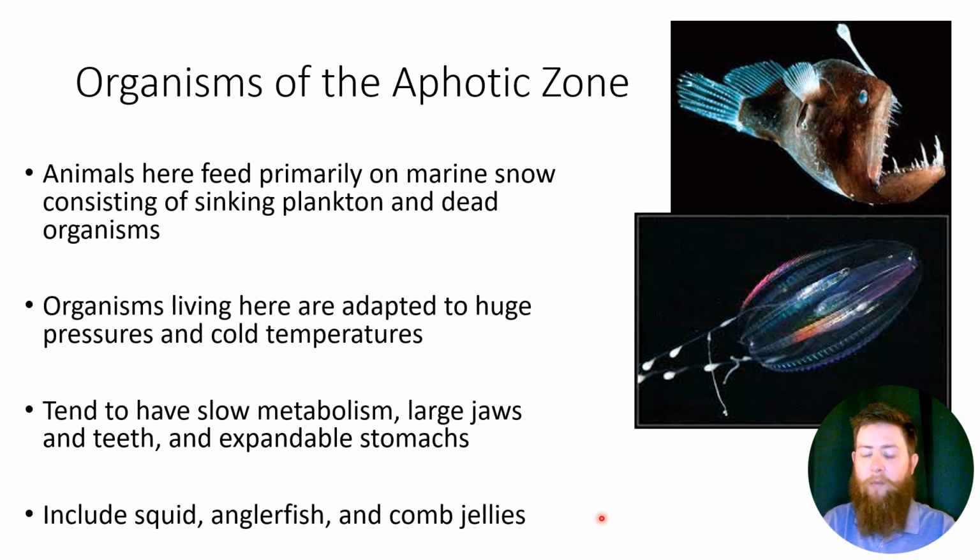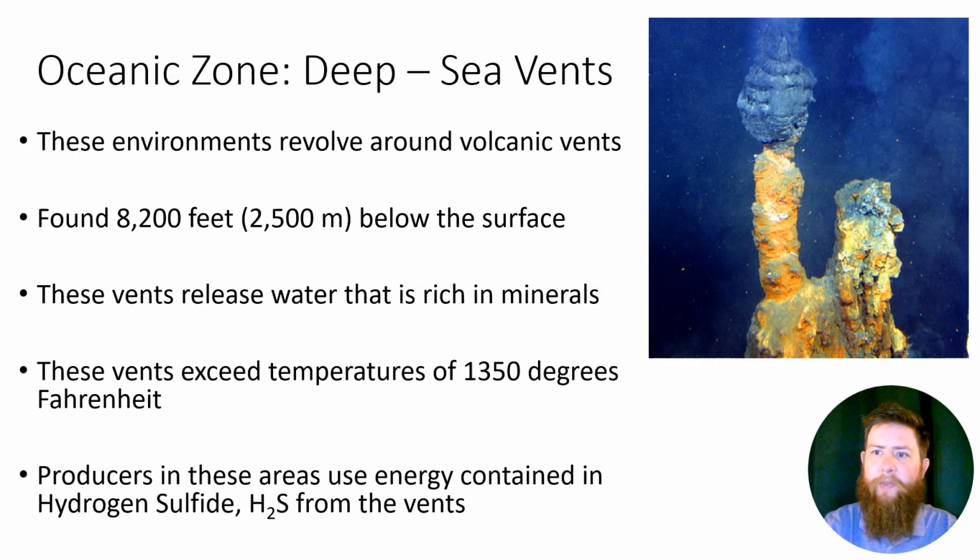Organisms down here have slow metabolism, large jaws and teeth, and expandable stomachs, because when they do eat, they usually eat very big meals that last them a long time. So it includes things like squid, anglerfish, and comb jellies. Your humpback whales will dive down to here sometimes to feed.